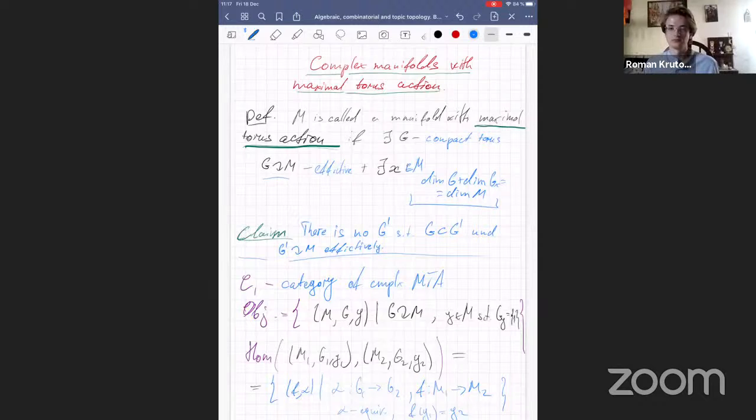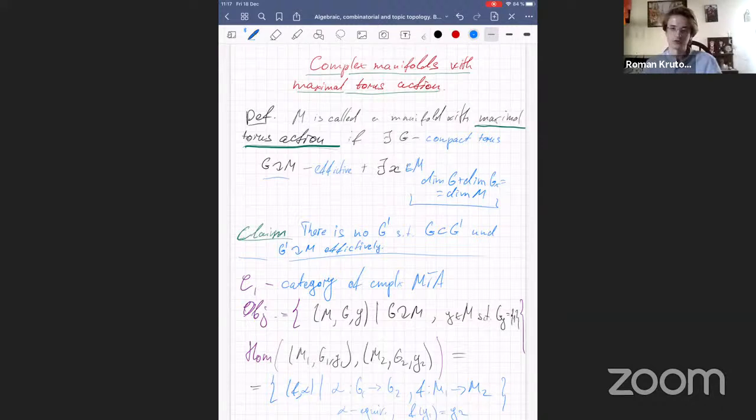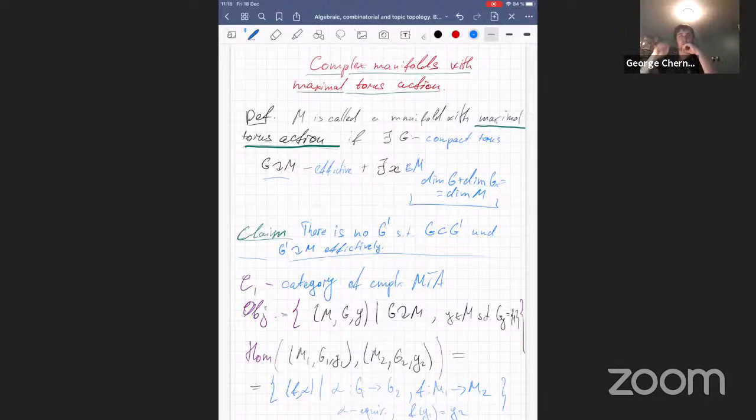So the definition of a manifold with maximal torus action doesn't mean that your action of the torus is just maximal. It's more than that. Okay, thank you.